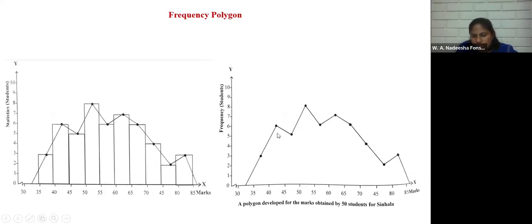Without the histogram, the polygon is like this. If you count, there are 1, 2, 3, 4, 5, 6, 7, 8, 9, 10 sides in this polygon. This is called a frequency polygon.